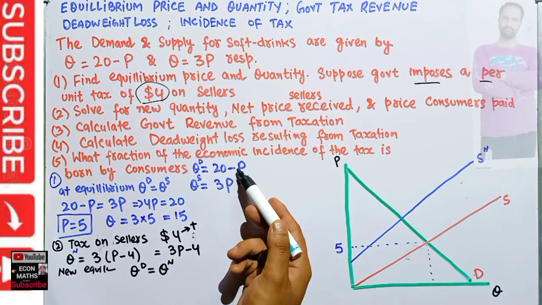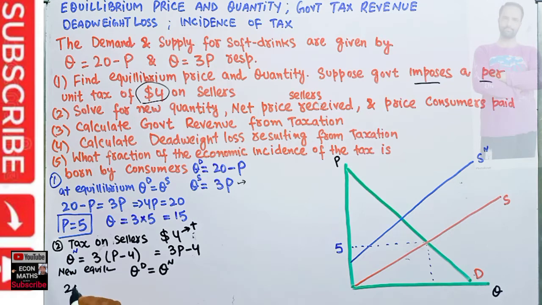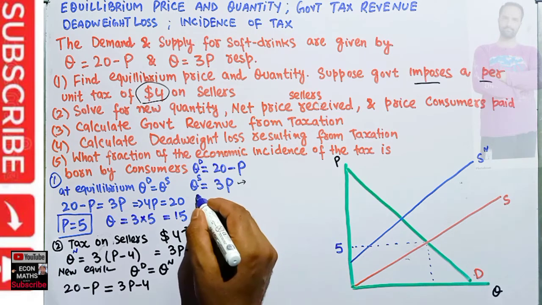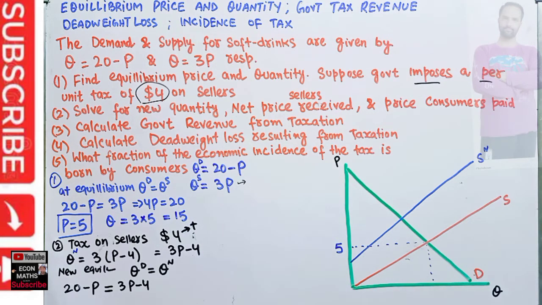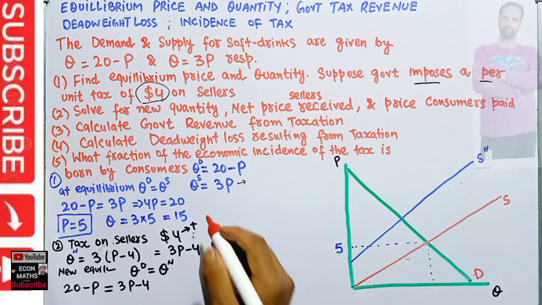Our quantity demanded is the same, which is 20 minus P. It should be equal to our new quantity supplied, which is 3P minus 4. Let us solve it for P here. I don't have the space here, it's very unfortunate.